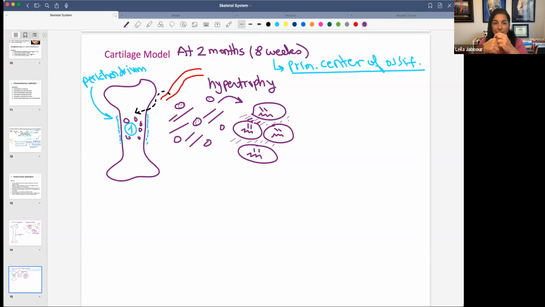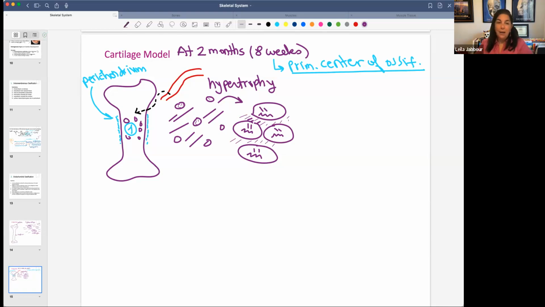So it's still cartilaginous. I'm just going to call it the structure. The structure at the center of the diaphysis has very thin matrix and very enlarged cells. So it actually compromises the stability, and it's going to fall over if we don't do something about it, which is what happens next.